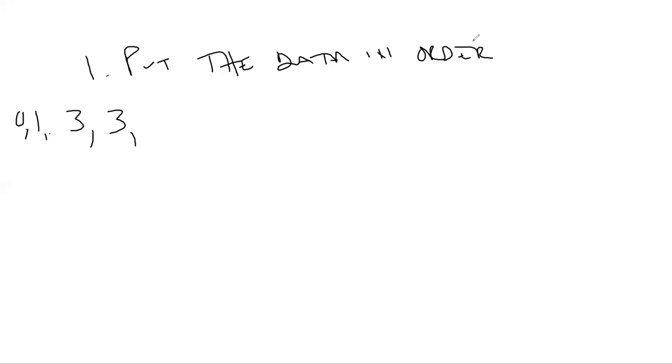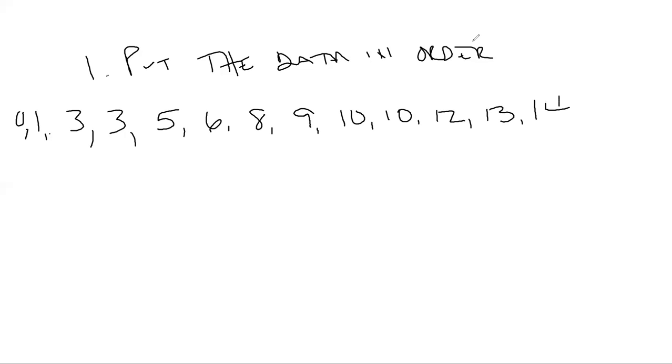Looks like we have a 5, a 6, 8, a 9, 2 10s, a 12, and a 13. 14, 16. I'm just going to stop right here. We don't need to go much farther than that. Myself, personally, I have 34 first cousins, just on my dad's side.